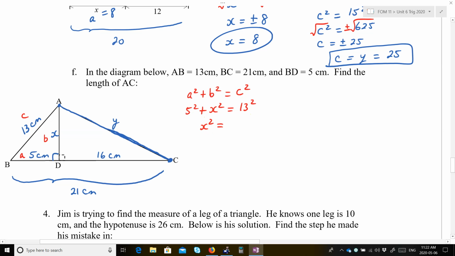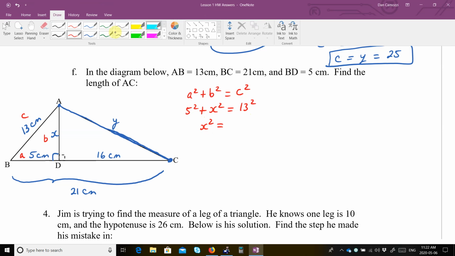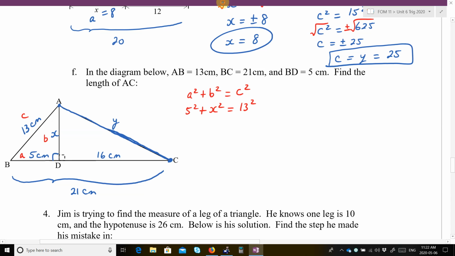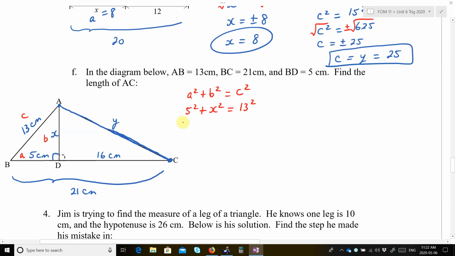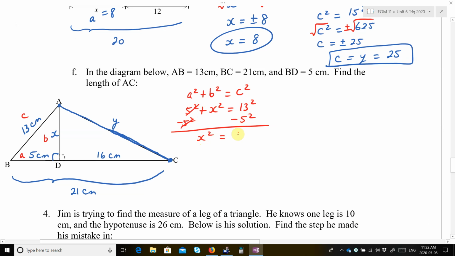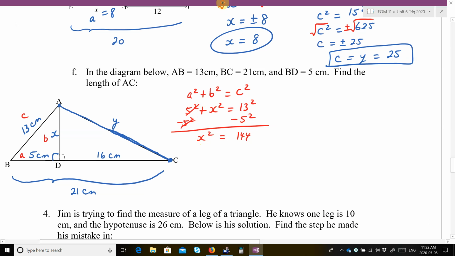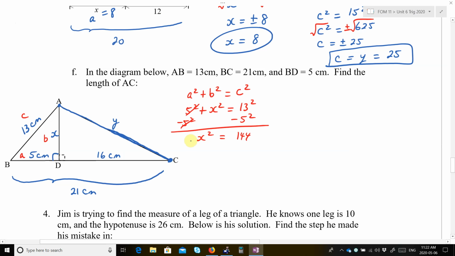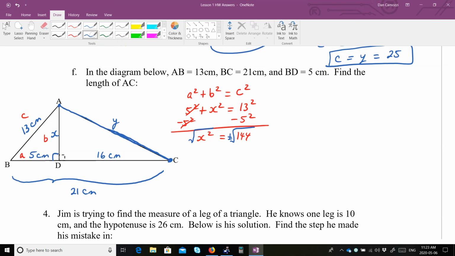So x squared, oh, I should show it. We have to subtract 5 squared from both sides. X squared is equal to 13 squared minus 5 squared, and we get 144. And then go square root, which is plus or minus.